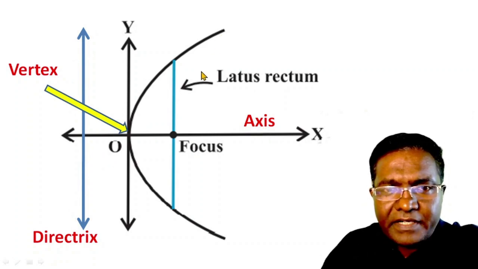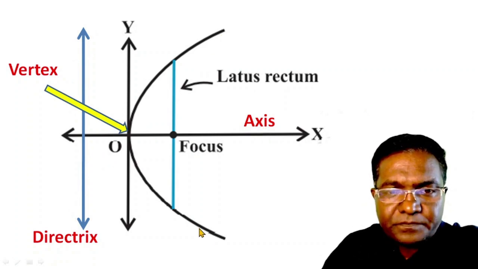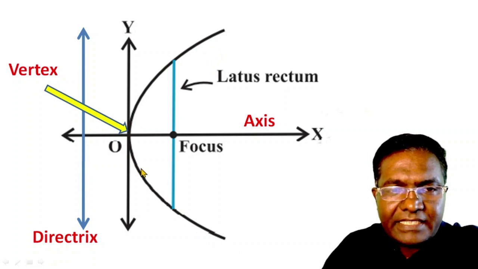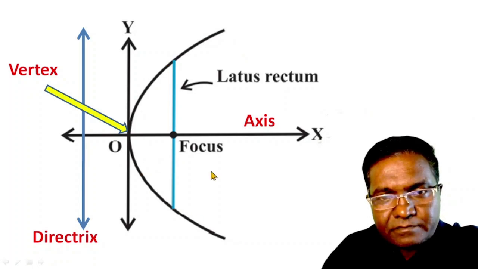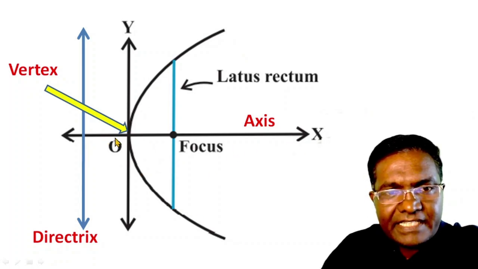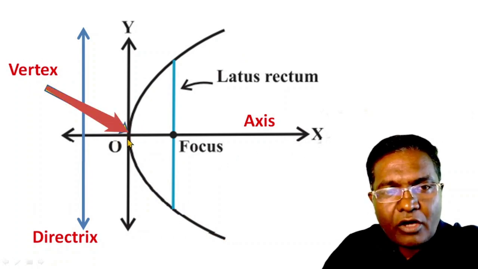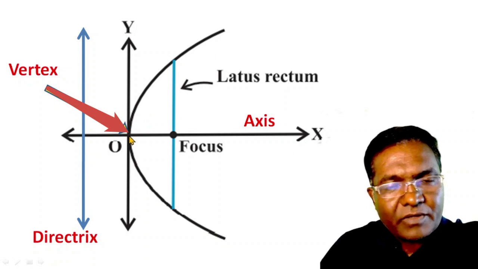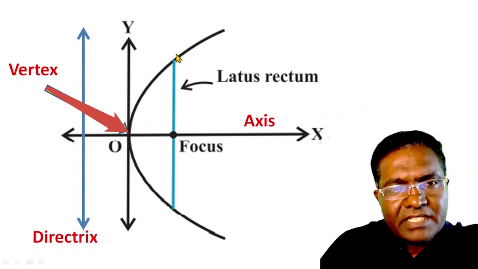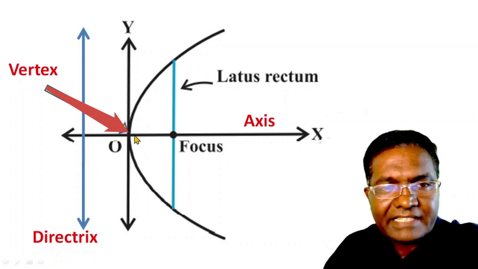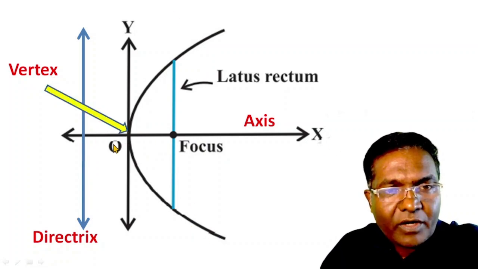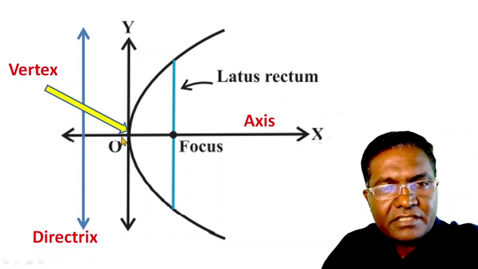Now the point of intersection of this parabola and the axis, remember, is called the vertex of the parabola. In this case, the origin is the vertex. Vertex can be anywhere. In this case the point of intersection of the parabola and the axis is at the origin, so the vertex is at the origin.